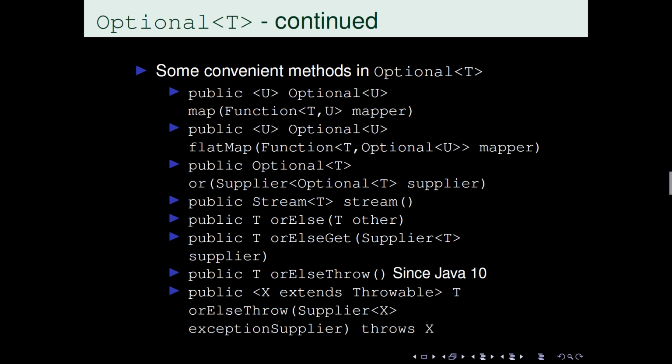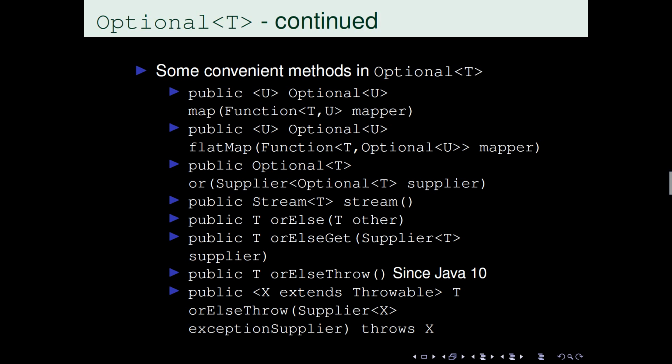There is a method called or. Or requires a supplier. So use the supplier to make it into an optional of T. This is one optional, and if it is empty, I will use this supplier of the optional.